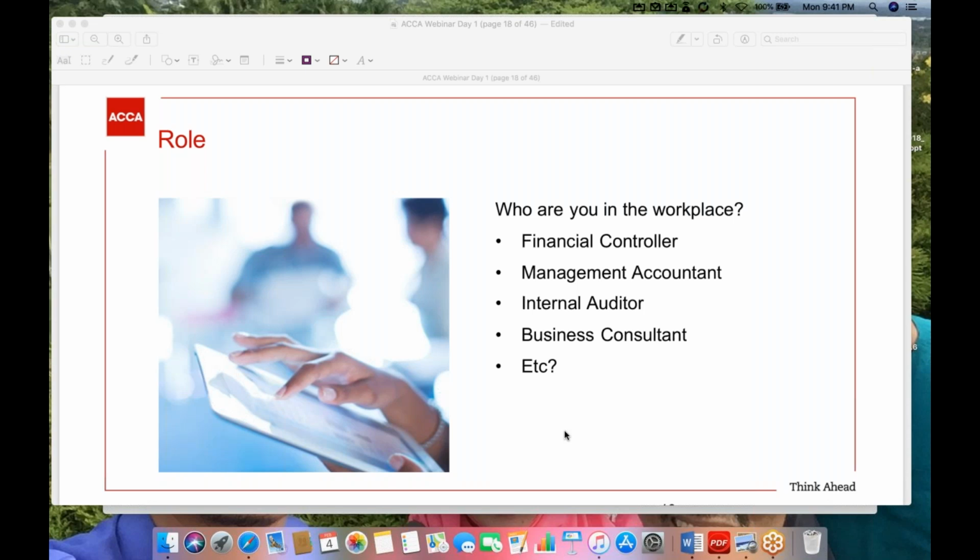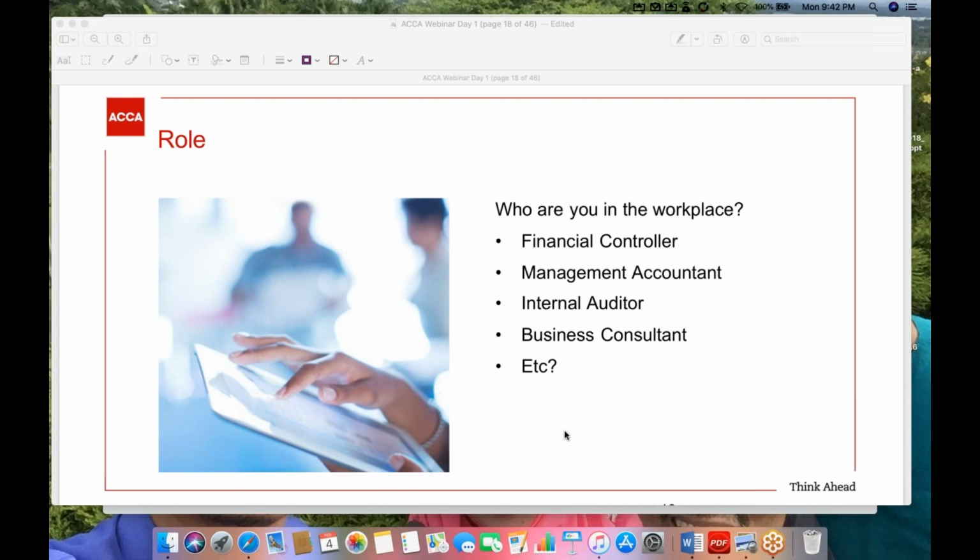Same goes for management accountant. If you know what their tasks are, then it will be easier for you to anticipate the kind of analysis you are supposed to be doing, if the requirement asks you to analyze. Because by understanding the role and imagining that that's your task, it would be easier for you to understand the requirement better.